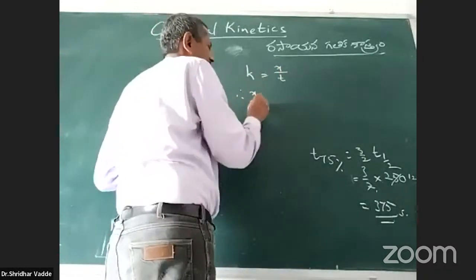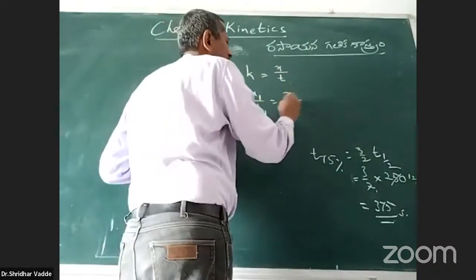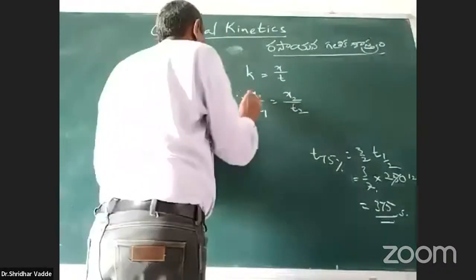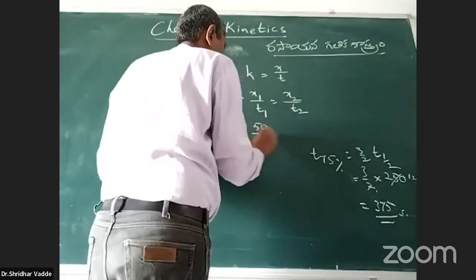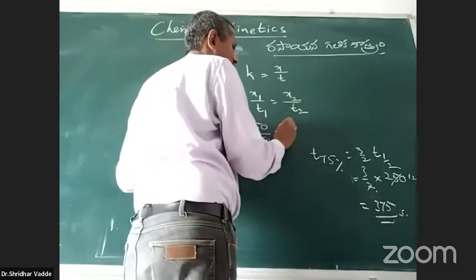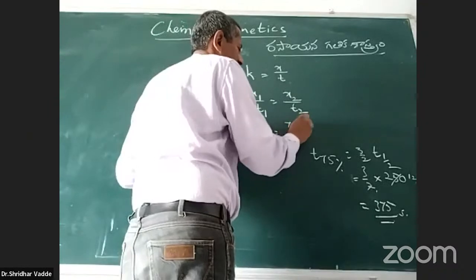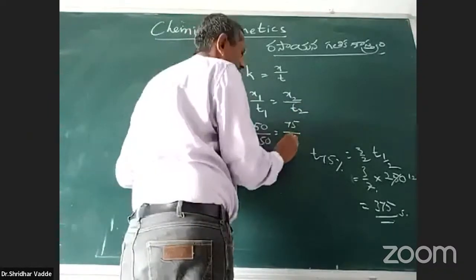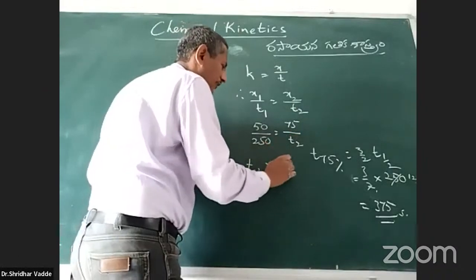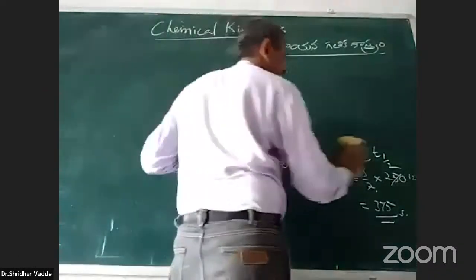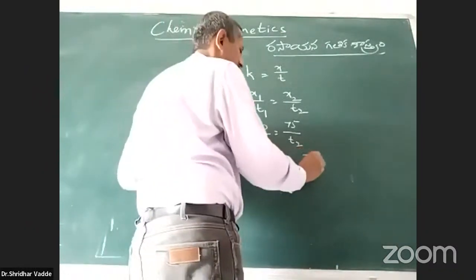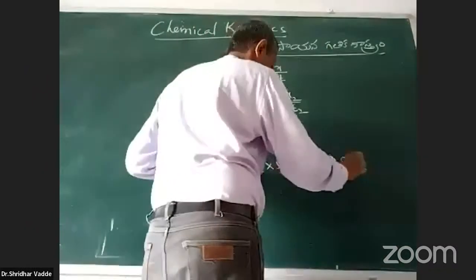Therefore x1 by t1 is equal to x2 by t2. x1 is 50%, t1 is 250, x2 is 75%, t2 we don't know. So t2 into 50 is equal to 75 into 250.